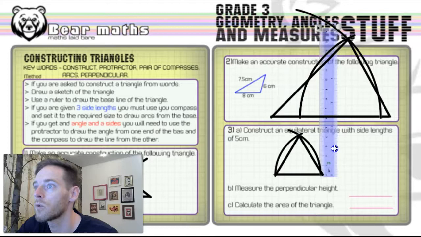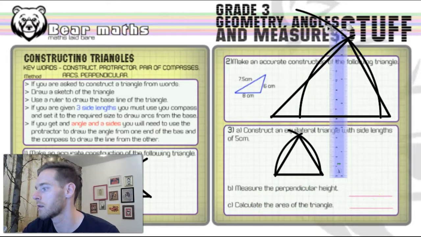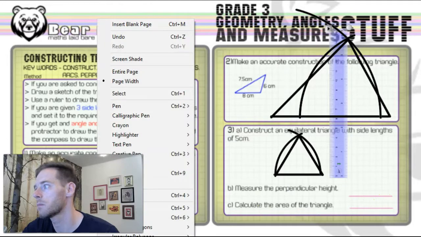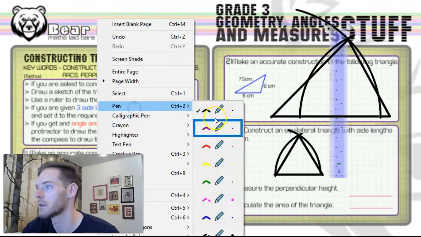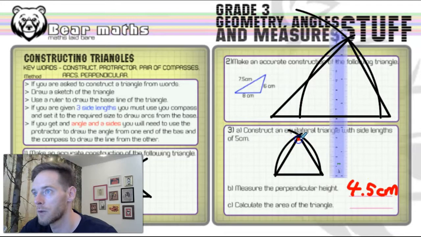I think it's about 4.5 centimeters. So we'll say 4.5 centimeters as the answer to that one. It might need to be a little bit more accurate than that. Just get the pen up and write in there 4.5 centimeters.